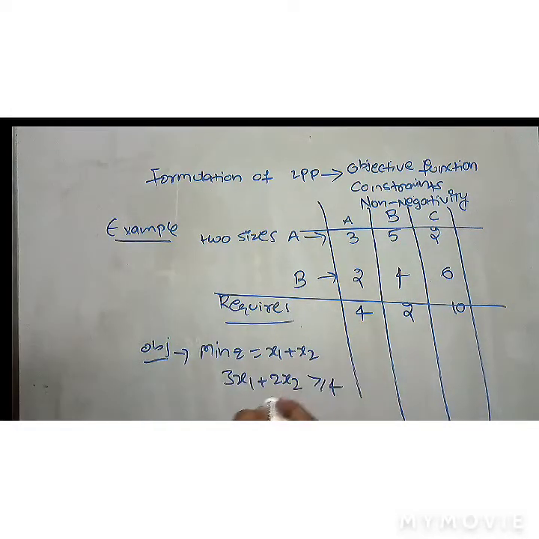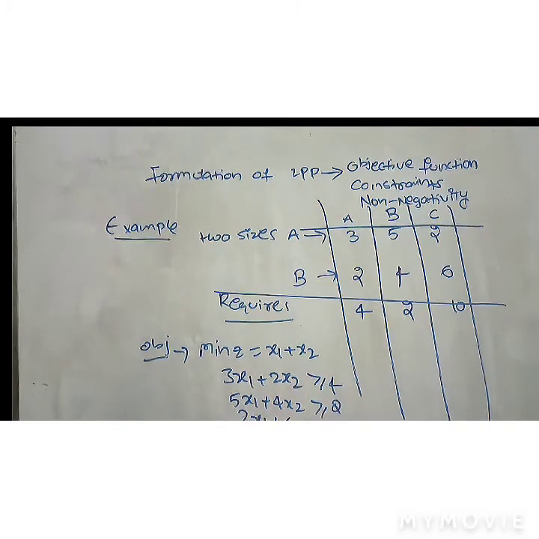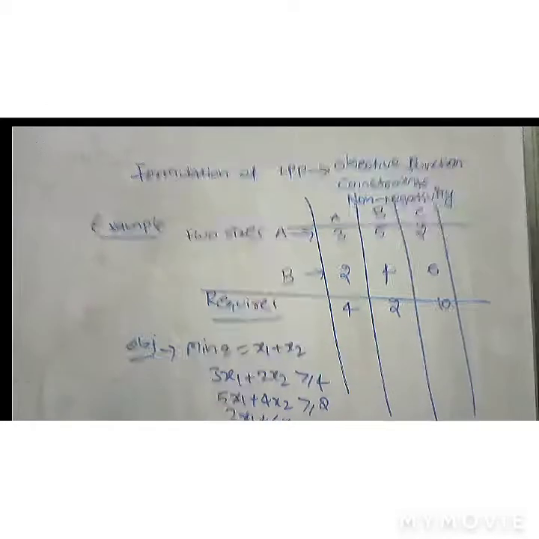Then 5x1 plus 4x2 greater than or equal to 2. 2x1 plus 6x2 greater than or equal to 10. So this is one example.